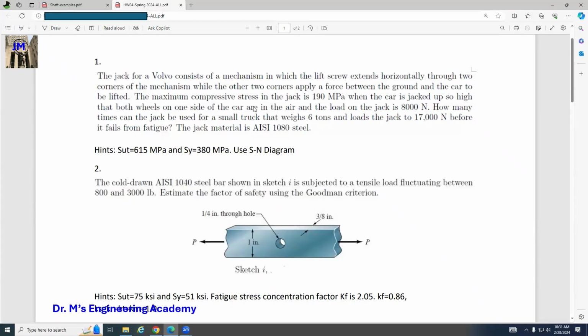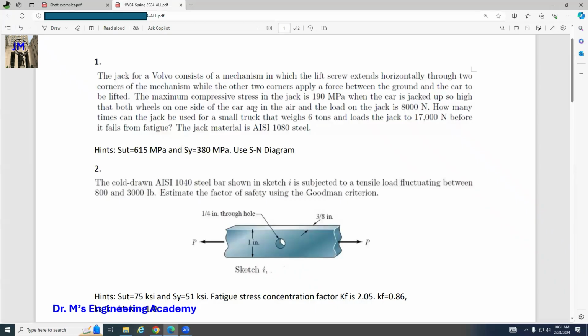So what is the area? AH equals the thickness, which is 3 inch. However, the length is this, so 1 minus 1/4. So this equals the thickness multiplied by 1 minus 1/4 inch, because this is a hole there.